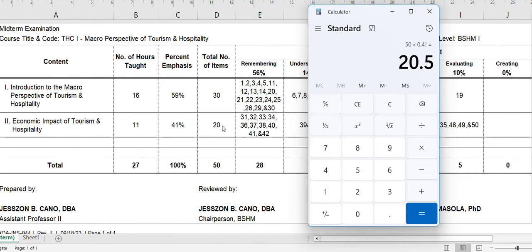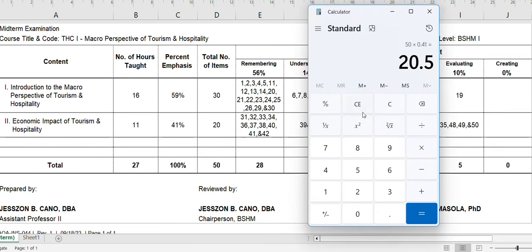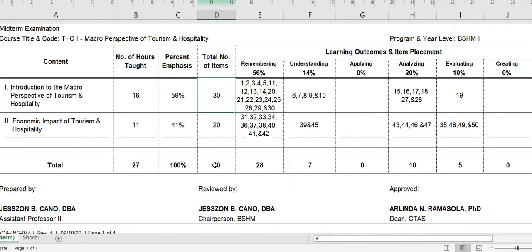I just put only 20 because if I will round it off, it will exceed by one item. So for chapter 1, we have a total number of items of 30, and for chapter 2, we have a total number of items 20. If we add chapter 1 and chapter 2, 30 plus 20, we have a total of 50. So total number of items is 50.